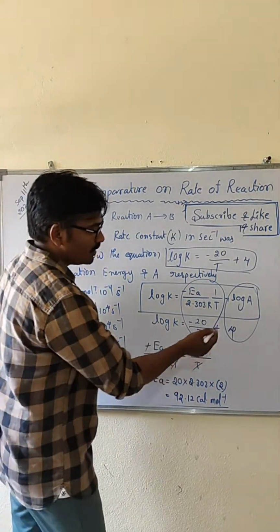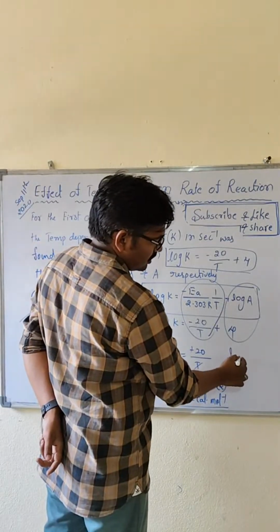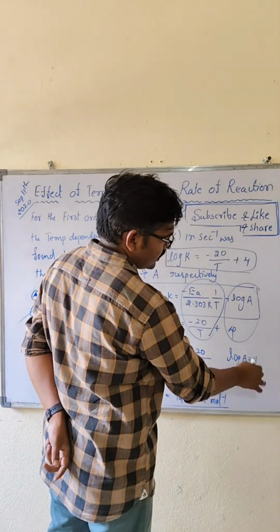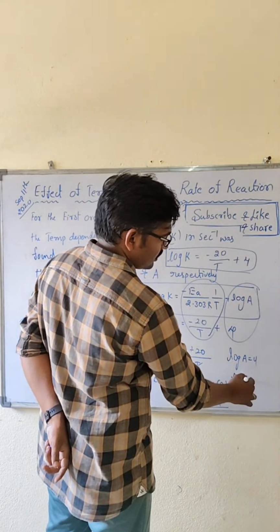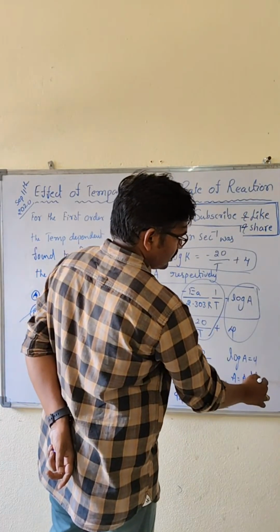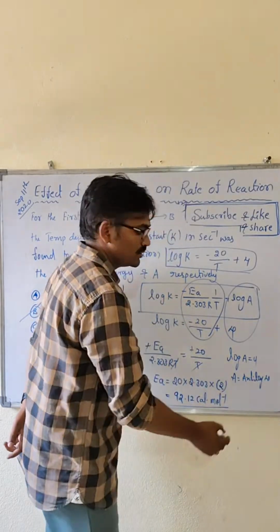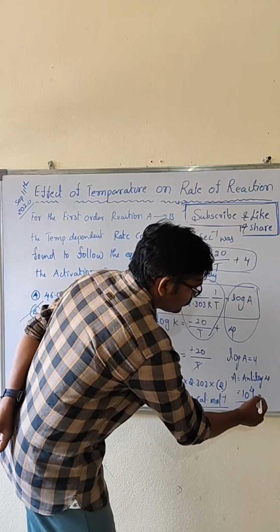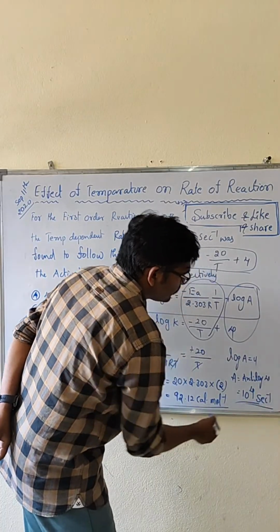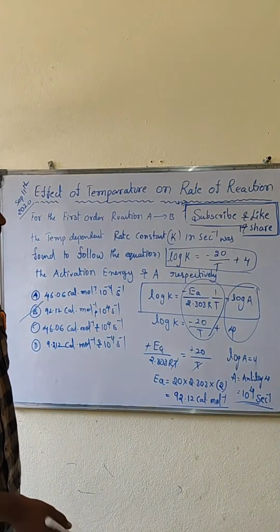Then what about A? Log A equals 4 is there. Then A is required, so take the anti-log of 4, which is 10 to the power of 4. The units are second inverse. So 10 to the power of 4 second inverse, not minus 4.